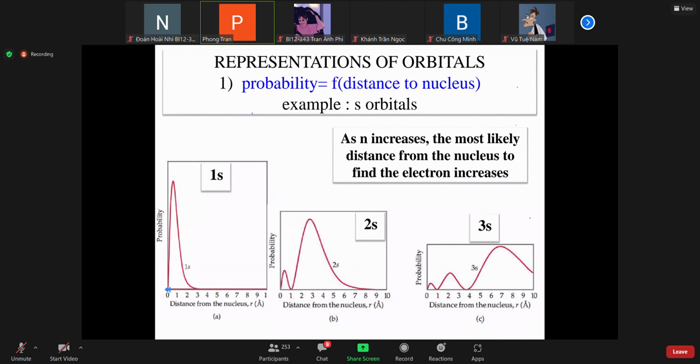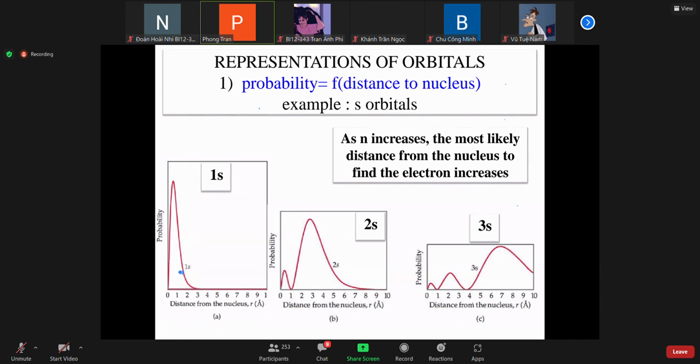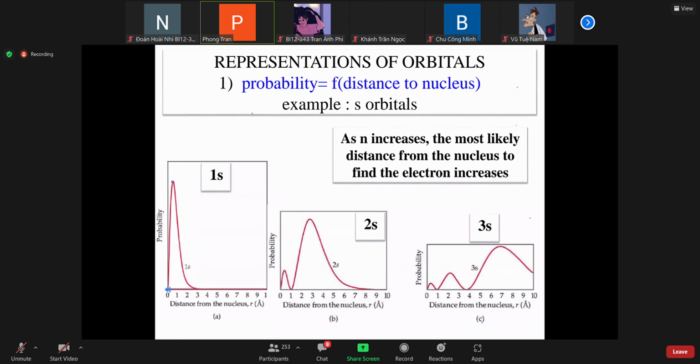The highest probability to find an electron is here. So you can say the orbital 1s is something like this. The highest probability to find an electron surrounding the nuclei in 1s is about 1 angstrom.